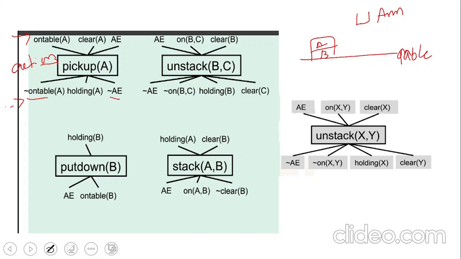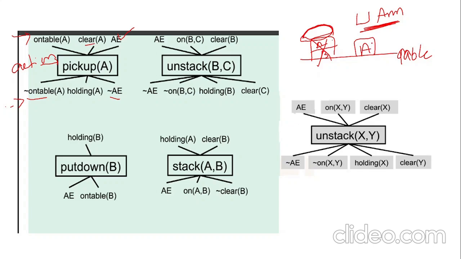If I want to pick this block A, the arm should be empty. That is the first requirement. Arm should be empty, and there should not be any block on A. Okay, so clear A, and whenever if you want to pick up A, it should be like this A.